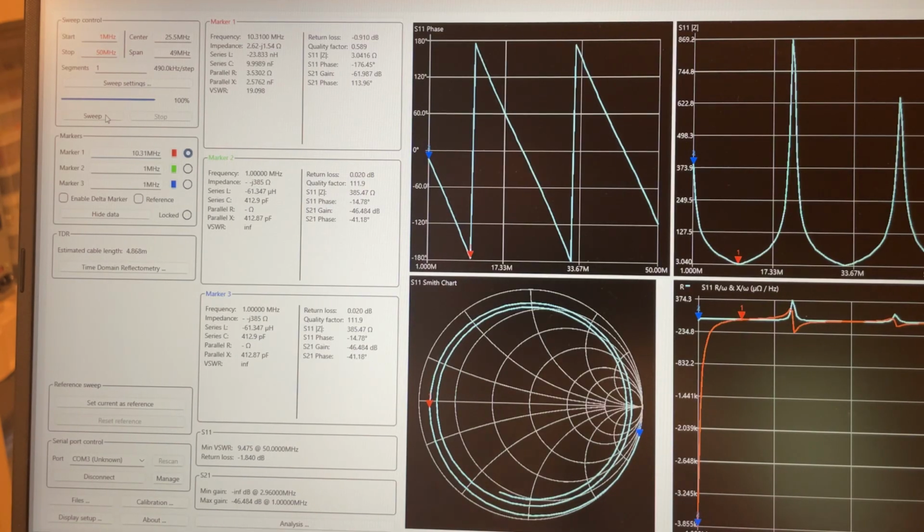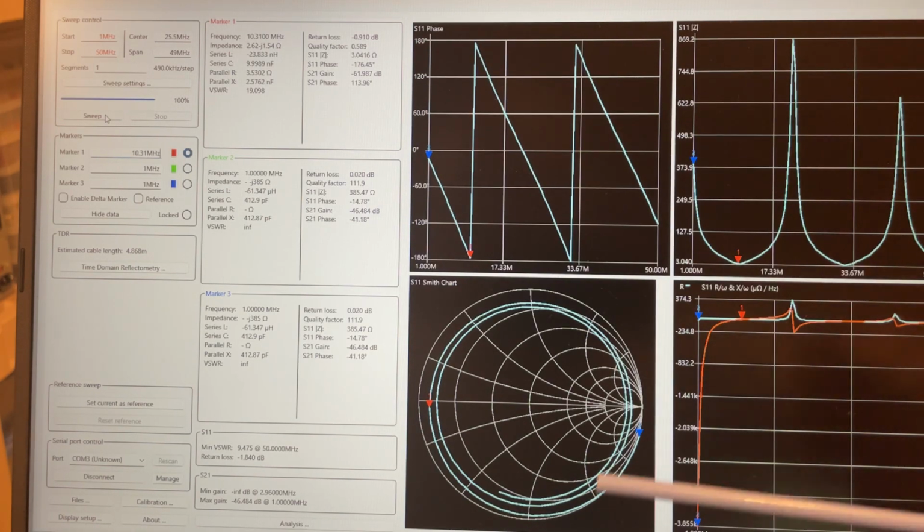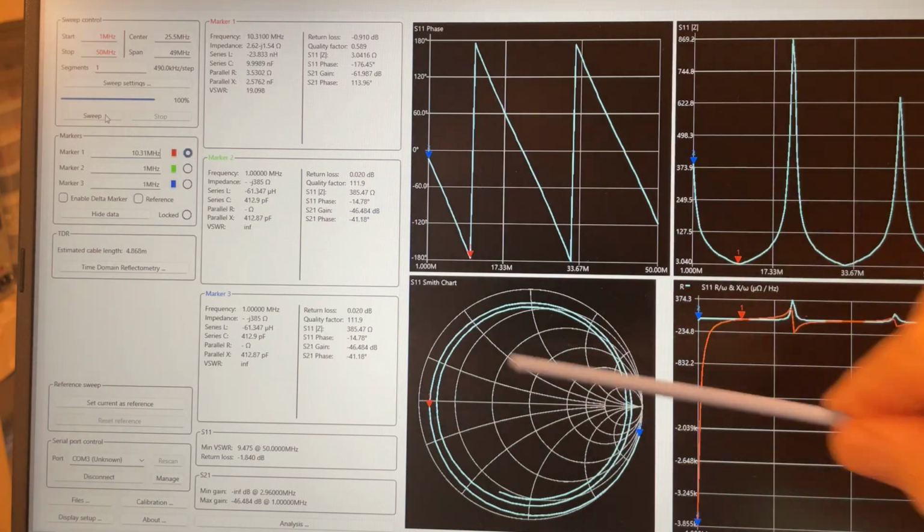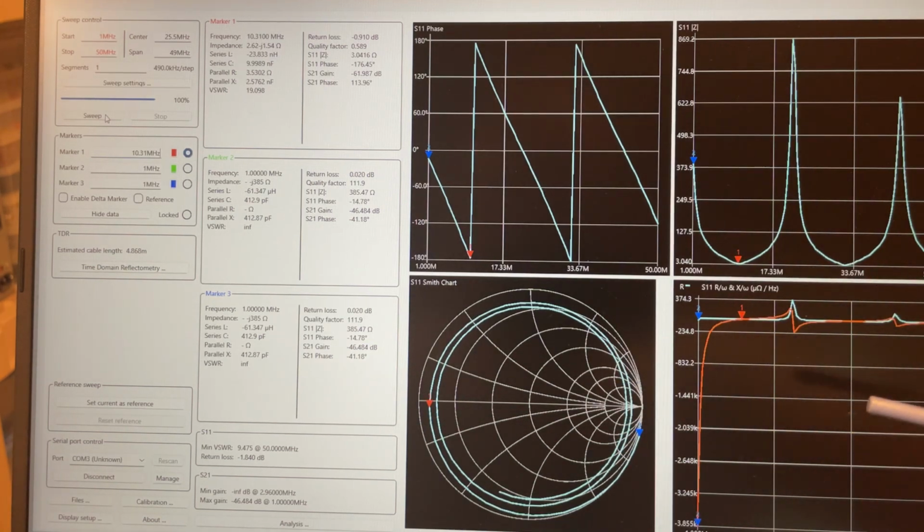So that's what it looks like. And we're looking again at S11, the phase, S11, the impedance, and then we can see where that is on the Smith chart. Again, this shows the real part and imaginary part, but I'm not going to talk too much about this right now.